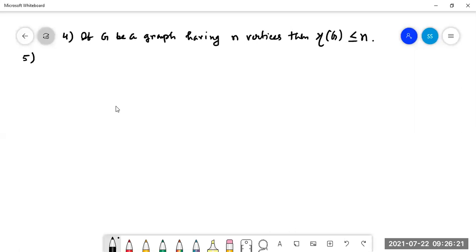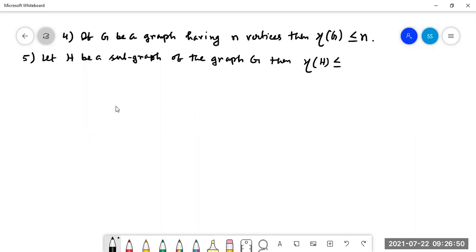Now we are going for number 5. Let H be a subgraph of the graph G. Then chi H is less than or equal to chi G. Isn't it?